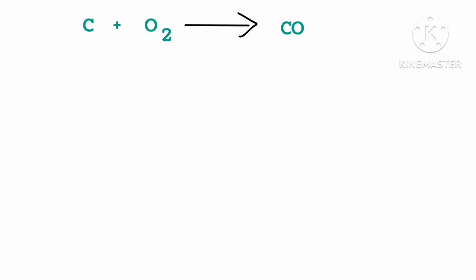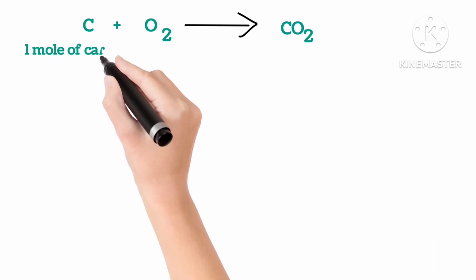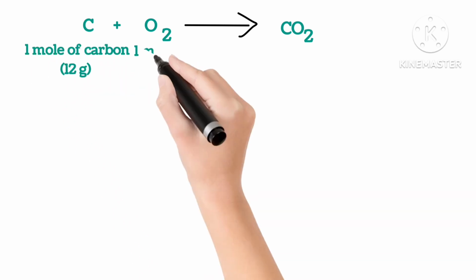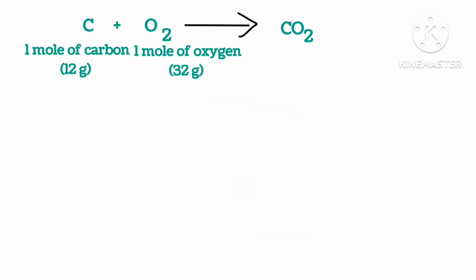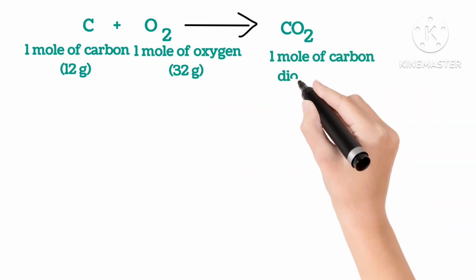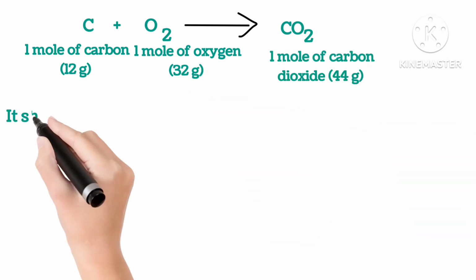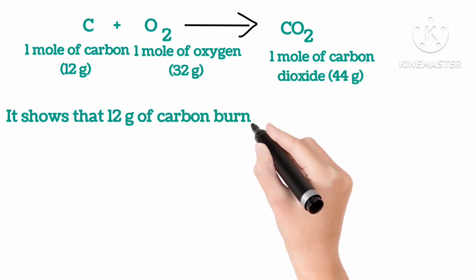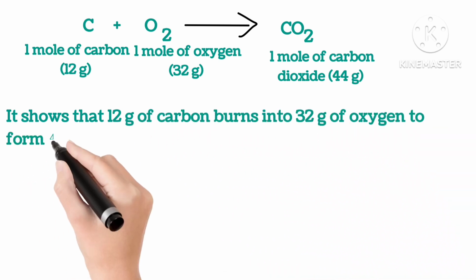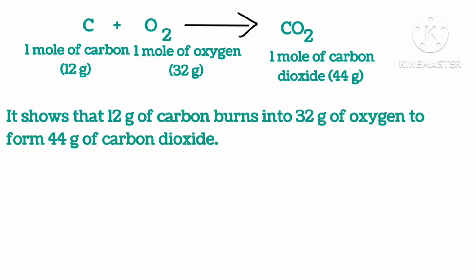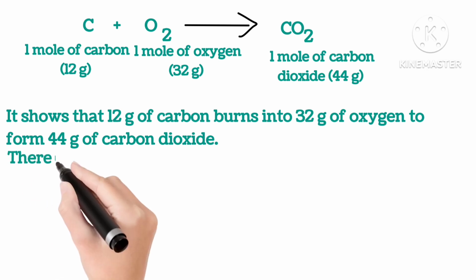So C plus O2 will give you CO2. 1 mole of carbon is 12 grams, 1 mole of oxygen is 32 grams and 1 mole of carbon dioxide is 44 grams. It shows that 12 grams of carbon burnt in 32 grams of oxygen gives 44 grams of carbon dioxide.